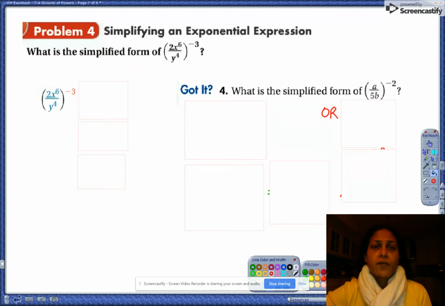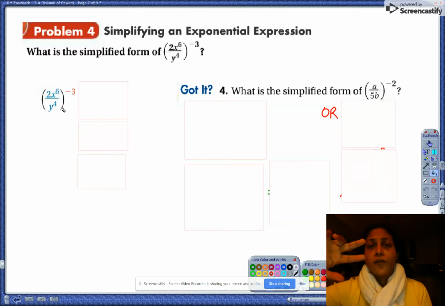Here are some more complicated ones. This question, 2x to the sixth divided by y to the fourth, is being raised to the negative third power. Remember that if the exponent is negative, you need to change the numerator to the denominator or the denominator to the numerator. With a fraction, it's super easy.